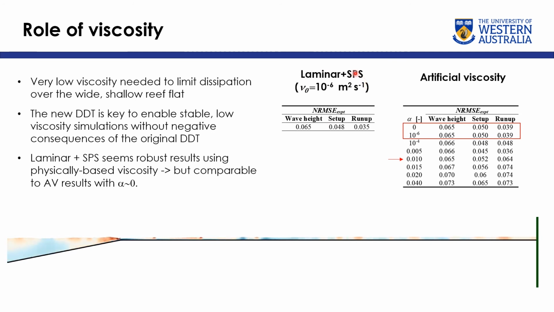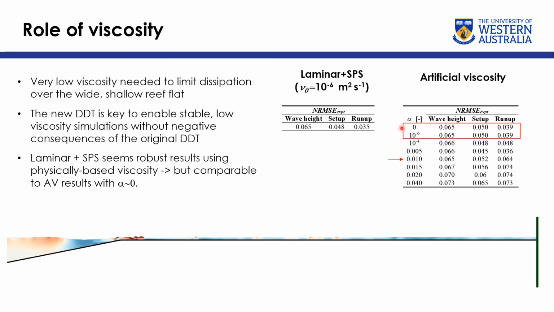I should also mention, however, that we did do initial simulations using an artificial viscosity approach, using initially typical values of alpha about 0.01, which proved to be too dissipative.